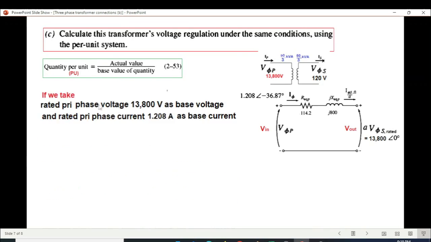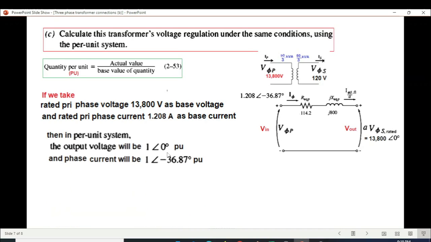If we take the primary voltage 13800 as the base voltage, and the primary current, power divided by 13800, we get 1.028 as the base current. Then this one divided by 13800 will get 1 angle 0. This will be the output voltage in pu. And similarly, this current divided by 1.028 will be 1 angle minus 36.87 in pu.